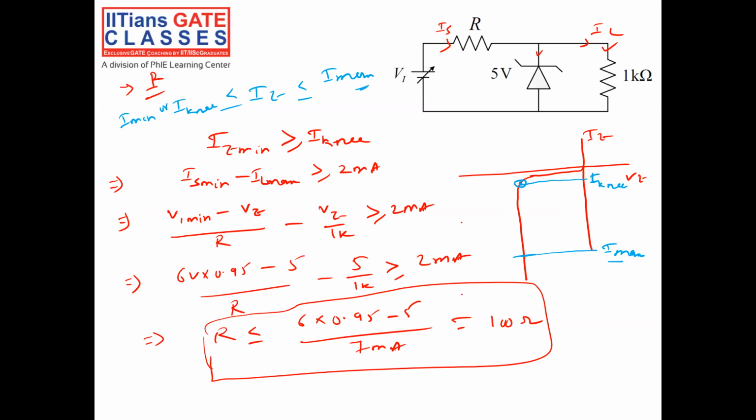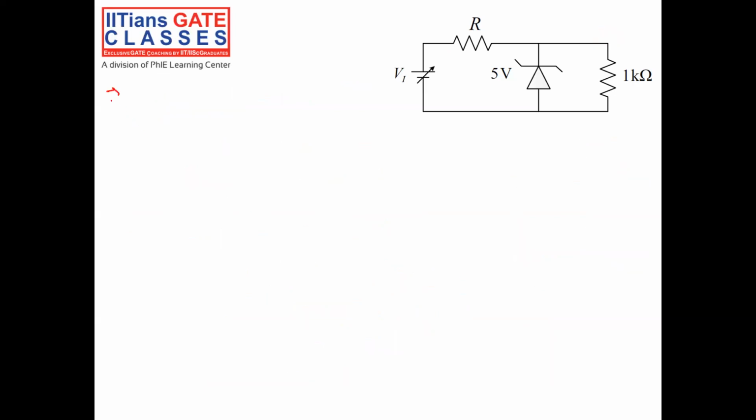Second thing is I have to know the IZ maximum, right? We know IZ should be less than or equal to IZ maximum. Okay, what is the maximum current in the zener diode? The maximum current in the zener diode is given by I source maximum minus I load minimum.